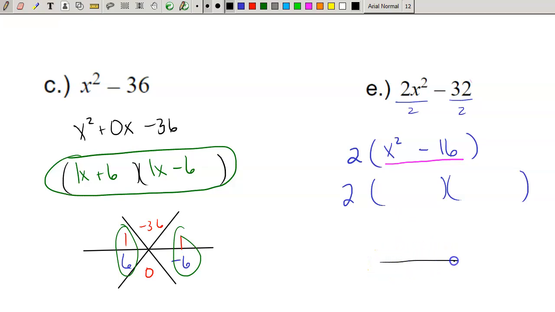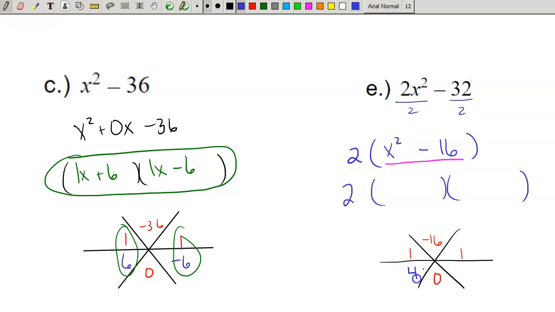And so if we do that method here, I'm going to have a 1 and 1 here because I have a 1x squared, and a times c here is negative 16. And I think about the b value here, in this case 0, and I'm thinking about what multiplies up to negative 16, but also adds to 0.